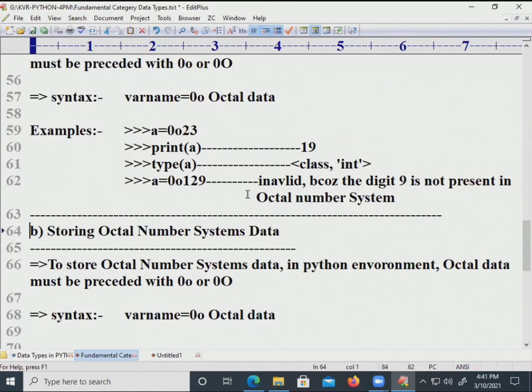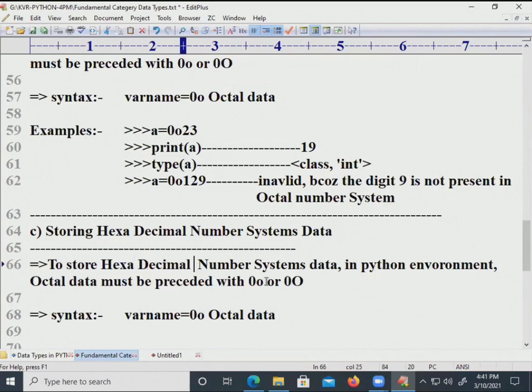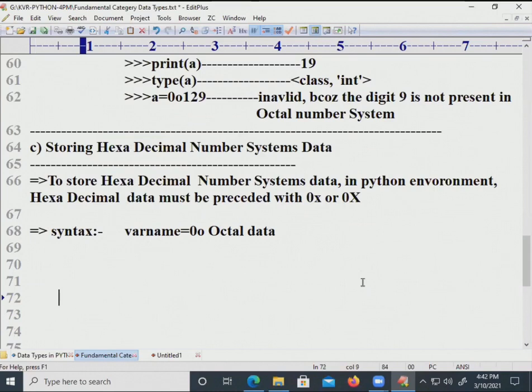Storing hexadecimal data, as we already expected. To store hexadecimal number system data in Python, the data must be preceded with what? 0x, small x or capital X. See the syntax: 0 small x or capital X, and then we write the hexadecimal system data.